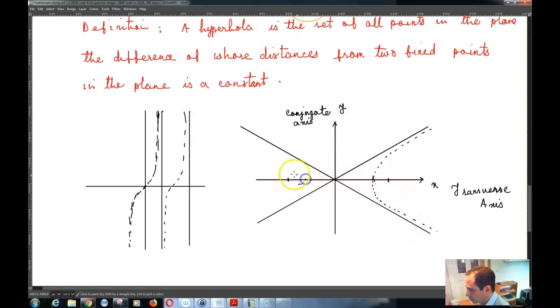I take it like this, something like this, or something like this. So now if I have these lines over here, first it's going to help me draw my hyperbola more neatly, and moreover you can see that the hyperbola is kind of tending towards those lines.